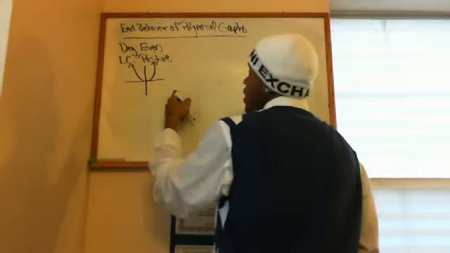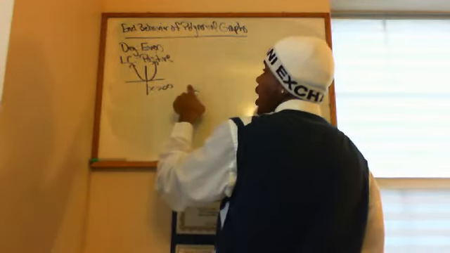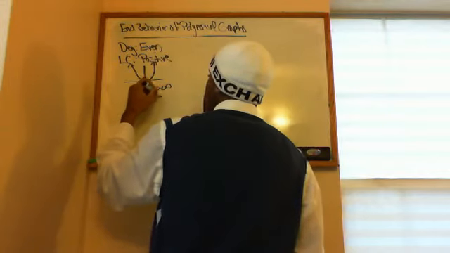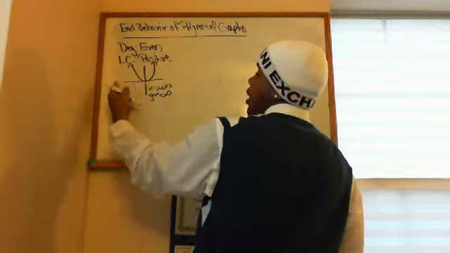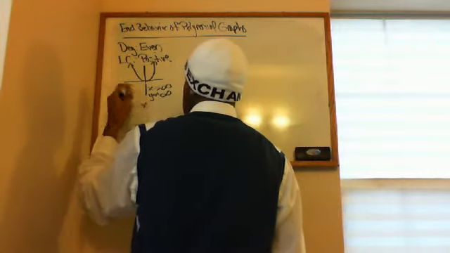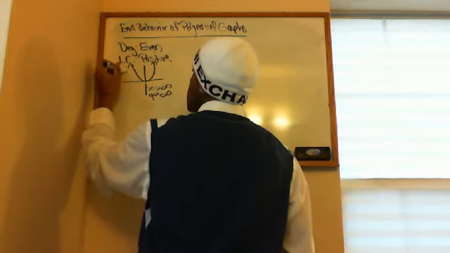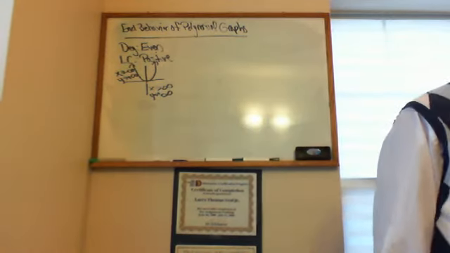Alright? And as you see, as x approaches positive infinity going this way, y values go to positive infinity. As x goes to negative infinity, y goes to positive infinity. That's the end behavior.